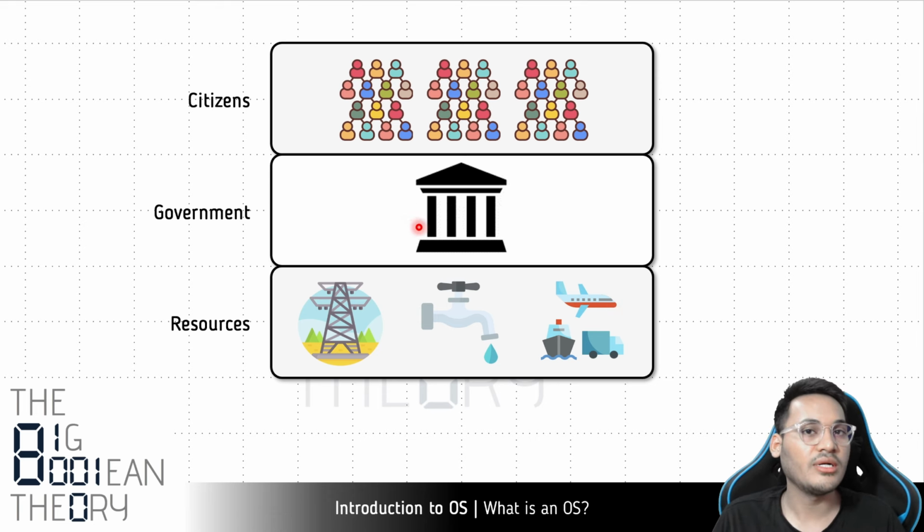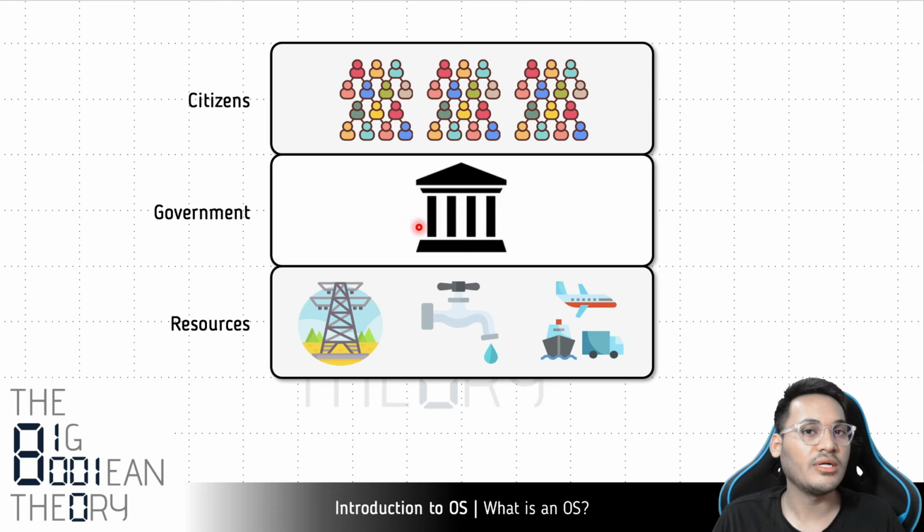As you can see, these are resources that are required by all the citizens in the city, so these are shared in nature. Also, these are precious resources which are limited, so they have to be used properly. What the government does to ensure that they are used efficiently is that it puts a charge on these resources. For the amount of resources that you use, you have to pay an appropriate charge, right?